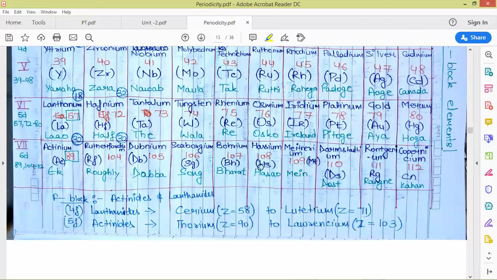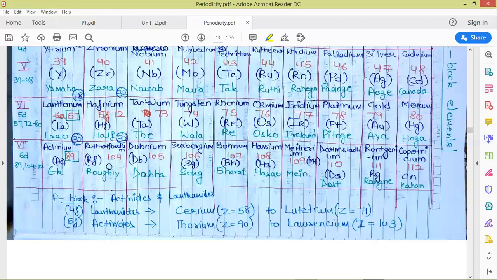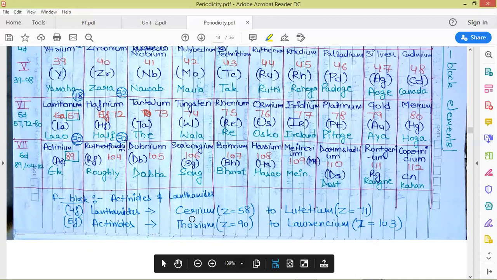For F block, for now this is sufficient for you: what is F block, why these have been placed at the bottom of the periodic table, why these have not been included in the 6th and 7th period, from which atomic number to which are lanthanides, and from which to which are actinides, lanthanide starts from which element and ends with what element, why are they called lanthanides and why are they called actinides.